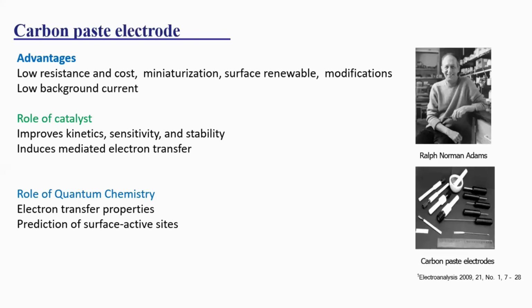Another major advantage of carbon-based electrodes is that you can renew the surface very quickly, it is very easy to modify them, and they give comparatively low background current.